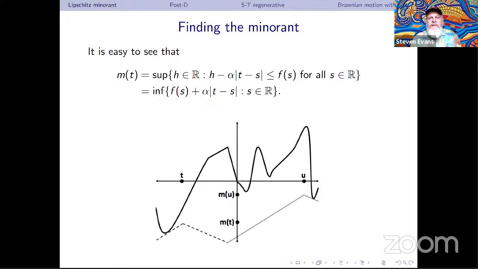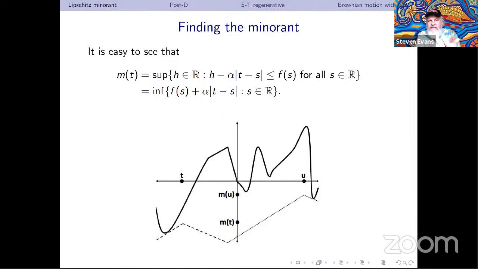So the first thing we need to point out is that it's not hard to give a recipe for finding what the minorant is. We've shown this recipe for the minorant, that in principle we consider all the alpha Lipschitz functions dominated by our function f and take the pointwise supremum of those.